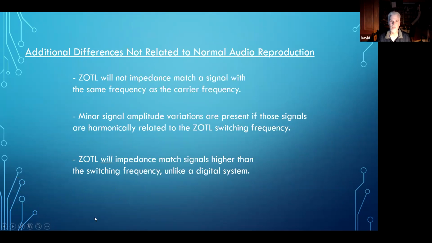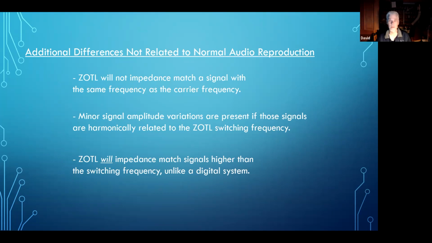So here are some additional differences that are not related to normal audio reproduction, but they're worth mentioning. They don't affect the audio, but they're interesting side comments to make. The ZOTL will not impedance match to a signal at the same frequency as the carrier frequency.